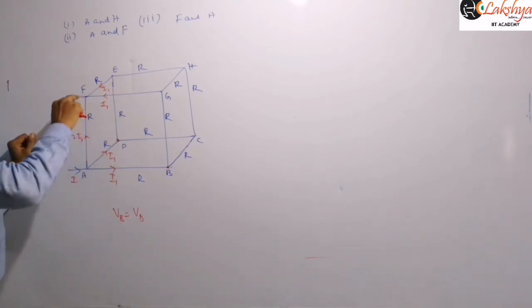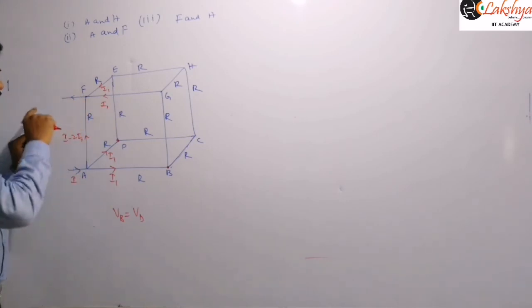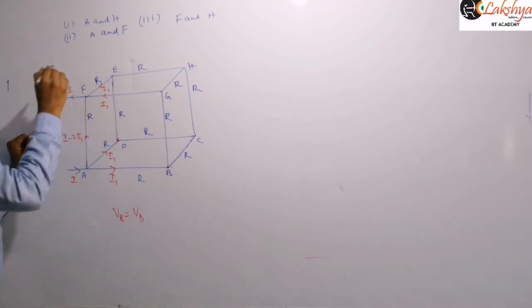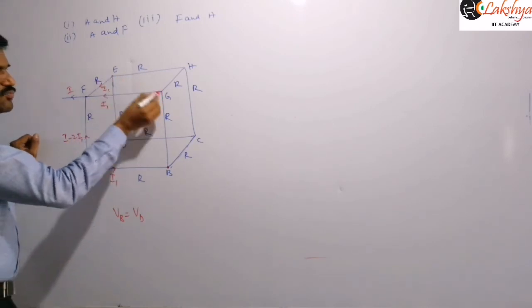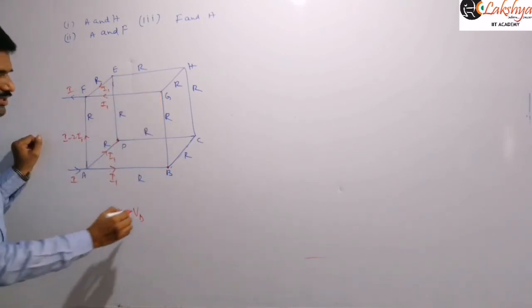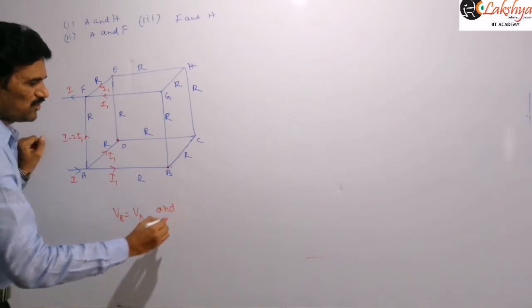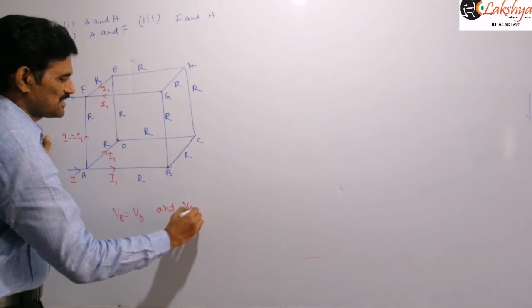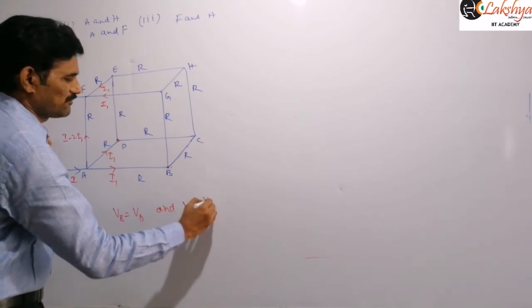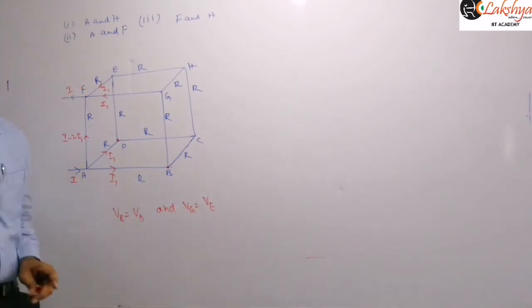So that the total current becomes I. This total current I will flow out of this. From this we can conclude that these 2 junctions will also be at the same potential, and therefore the potential at G is equal to the potential at E. Got it?